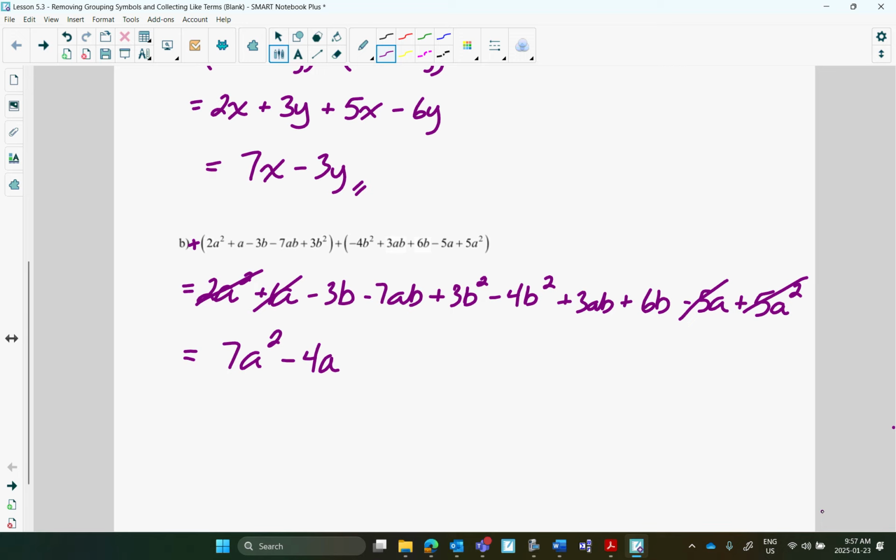The b's, 3b, which means it's plus 3b. The ab's, negative 4ab, good. And the b squareds. Negative 1b squared, or you can just write negative b squared. Either one is fine. Good.